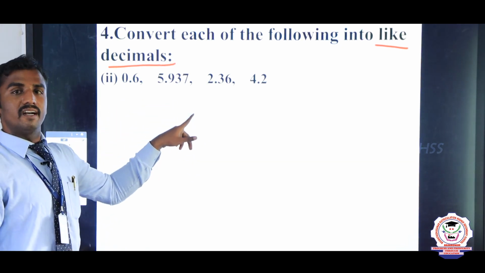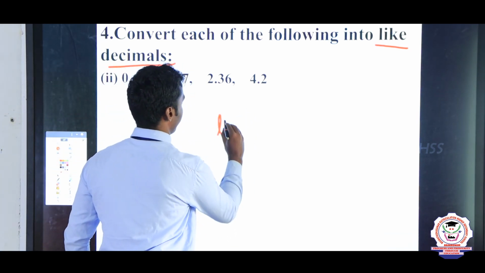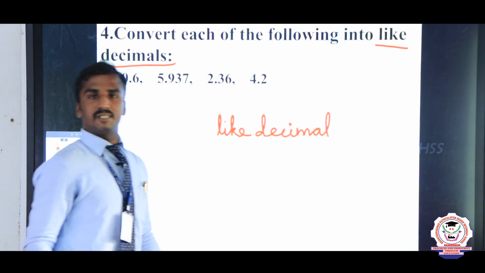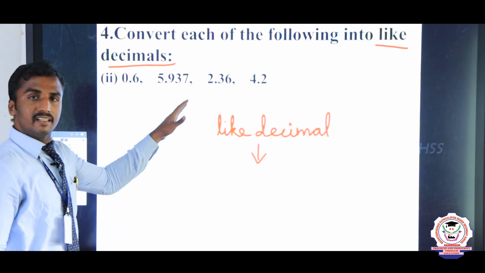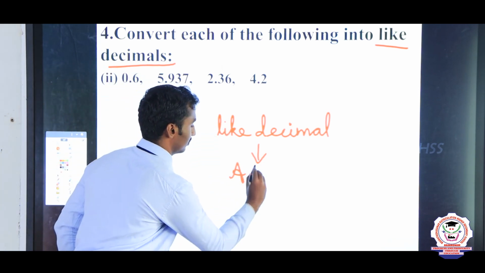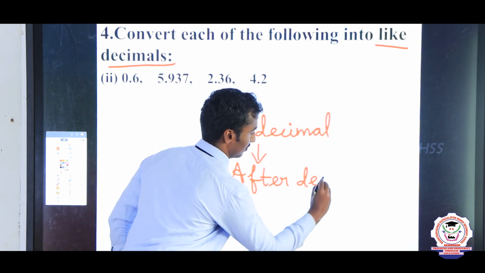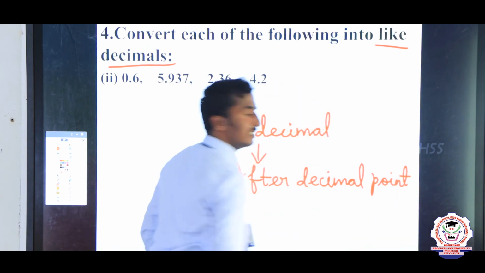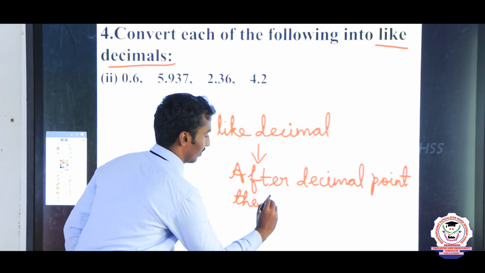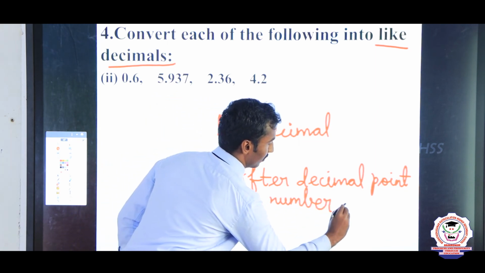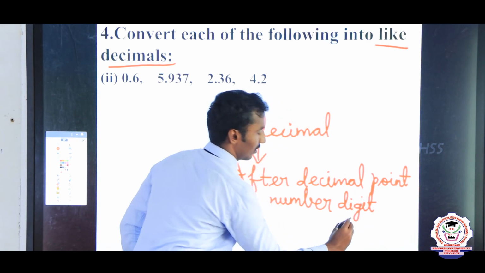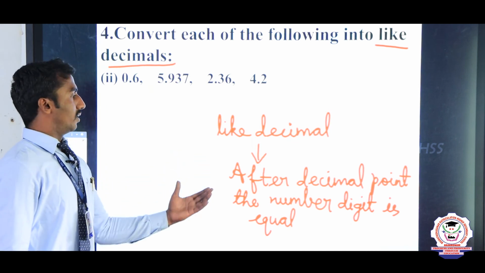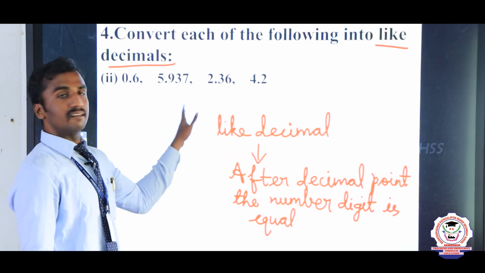After decimal point the number of digits is equal, that is called like decimal. Listen.